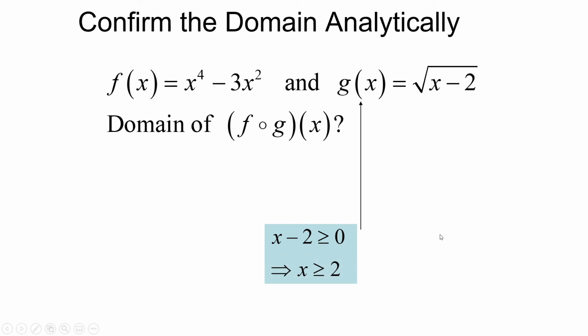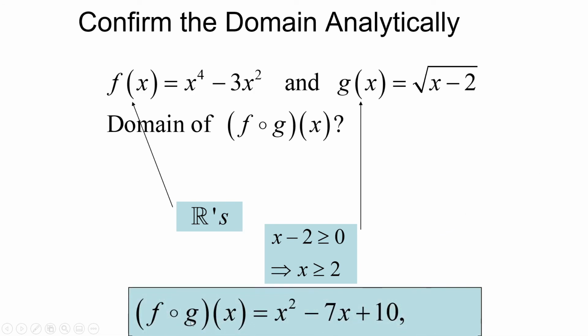And there you have it. So my final answer here analytically would be f composed with g of x is x squared minus 7x plus 10, remember our simplified form of this composite, and x has to be greater than or equal to 2.